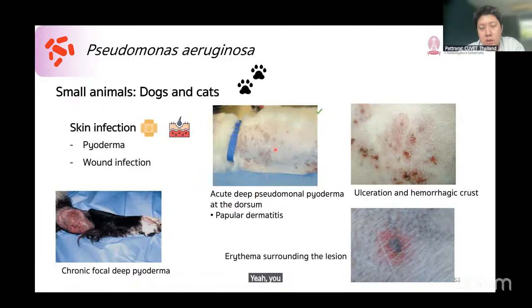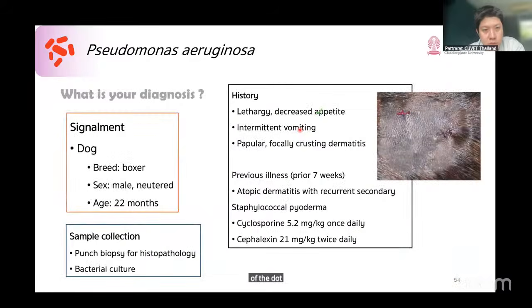Yeah, you can see more severe inflammation in the deep layers. And the lesions will present in areas other than the colonization area of Staphylococcus. So this is the dorsum of the dog. This is a case of Pseudomonas aeruginosa infection in a boxer.